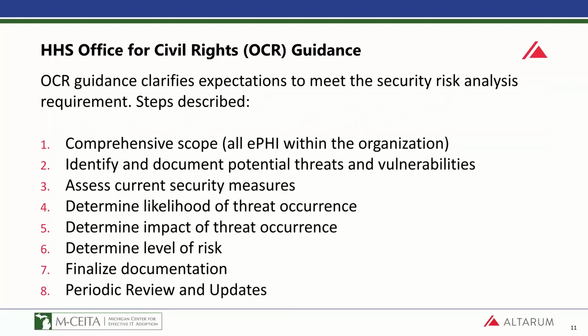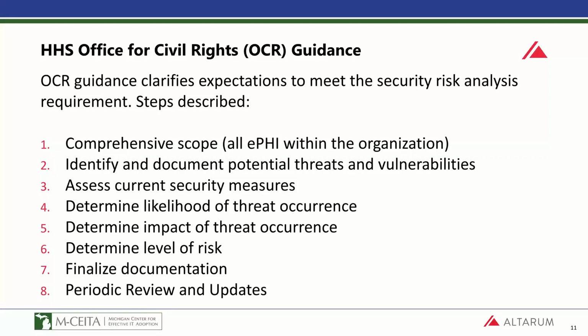As I said before, the OCR provides guidance on risk analysis, and we'll review these steps, which are summarized here in the following slides. We'll touch on each of these elements, but I encourage you to review this guidance in full, carefully, to assist in performing an accurate and thorough SRA. The first element listed here is to have a comprehensive scope, and like I was saying, that means all EPHI within your organization needs to be included.